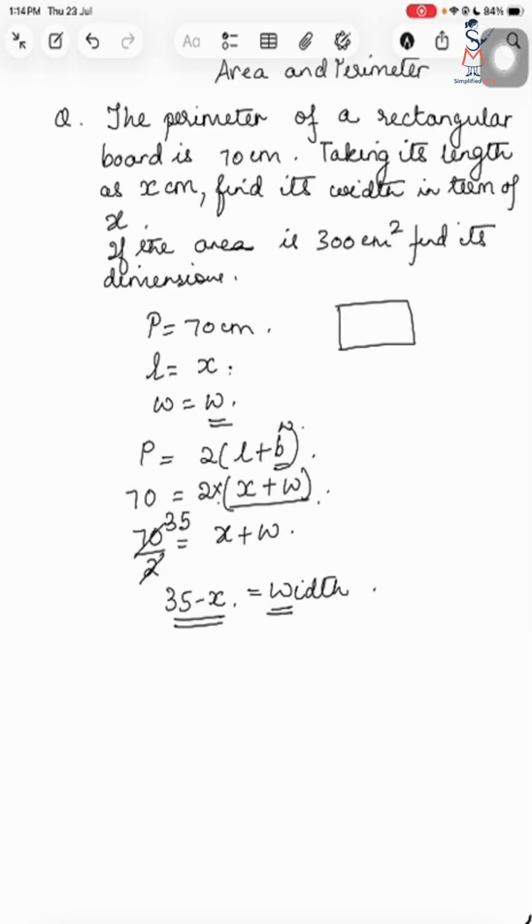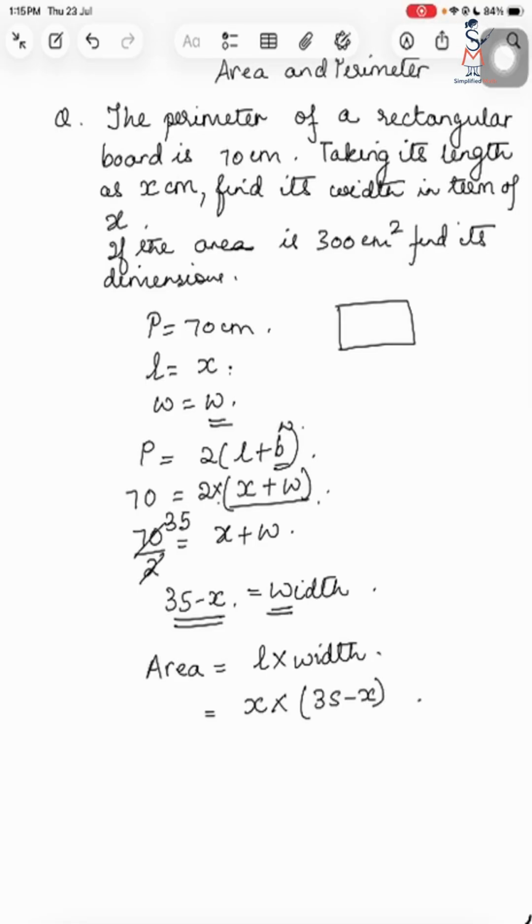Fine. Now if the area of this rectangle is 300 centimeters square, we have to find the dimensions. So what is the area formula? Area is length into width or length into breadth. So length is x, and width we have found as 35 minus x.